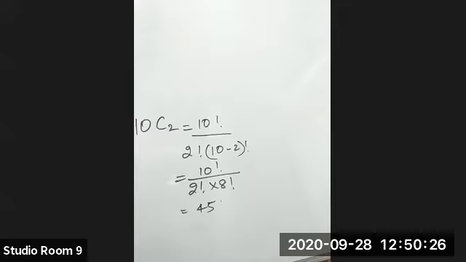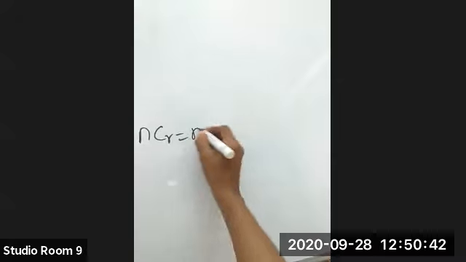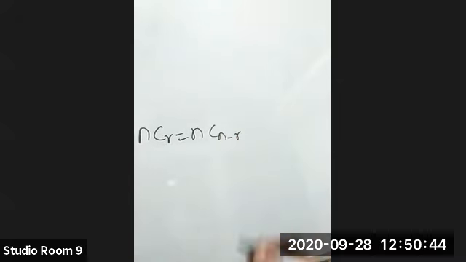Is it the same answer, 45? Yes, ma'am. So previously we proved one result: NCR is equal to NC n minus r.